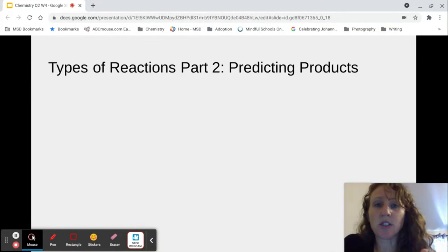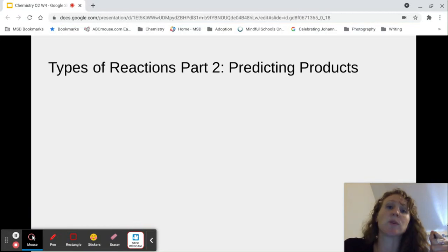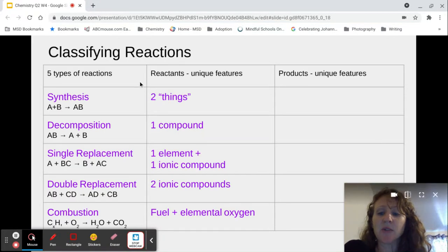So now what we want to do is look at the unique part of the products so that once we identify the type of reaction we have, we can turn that around into actual formulas that will form from that reaction. Okay, so here's where we left off on our last table.